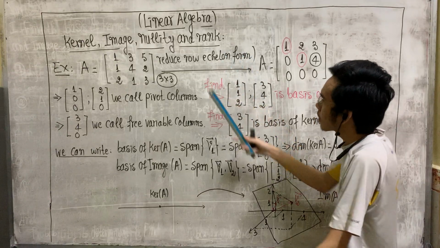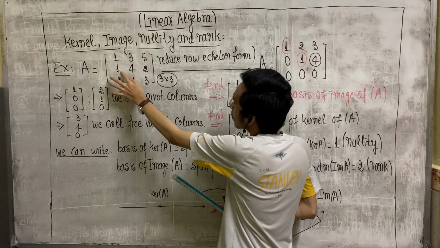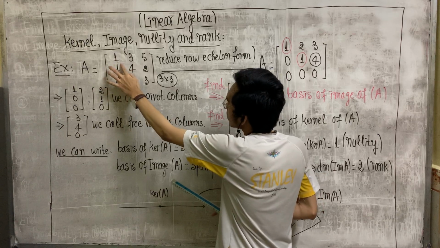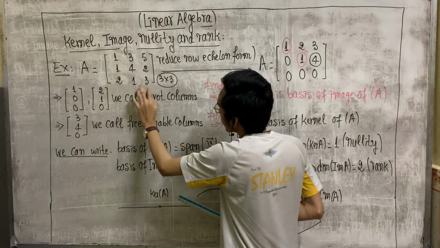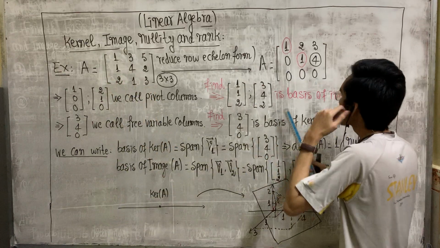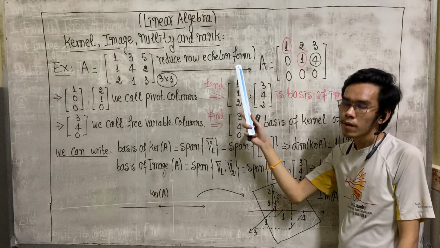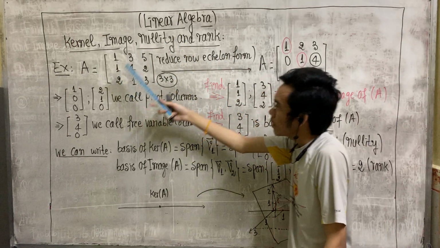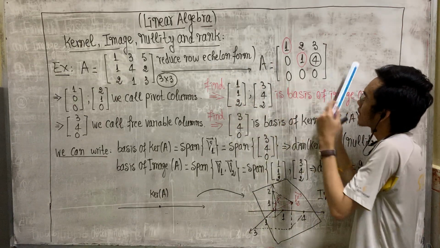Row reduced echelon form means that you have to make the entries of the matrix in column 1 below the leading entry equal to 0. So when you make the reduced row echelon form of the matrix A, we get the new matrix A in row echelon form like that.